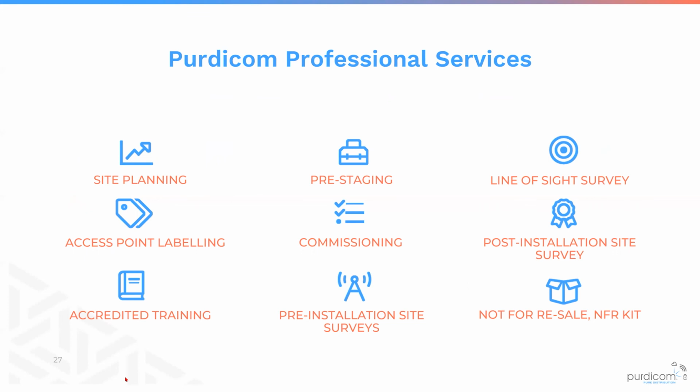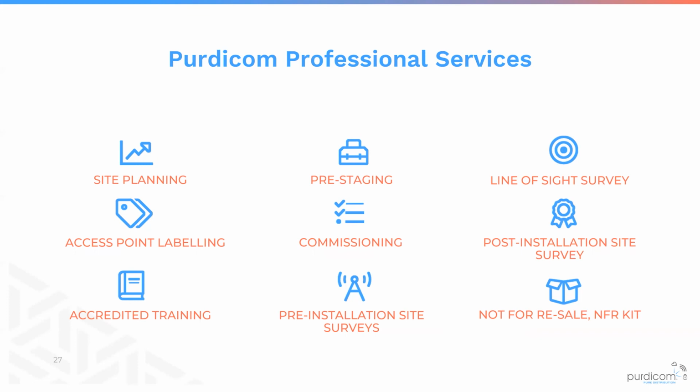Hello there, thank you, Steve. So we do offer a range of professional services for all of our products that we sell. So we can do everything from site planning, whether that's looking at a point-to-point solution or a free heat map survey, where we'll actually take a desktop plan and predictively place where the access points need to go, allowing you to then provide a quote to your customer and get a quote from Purdicom as well.